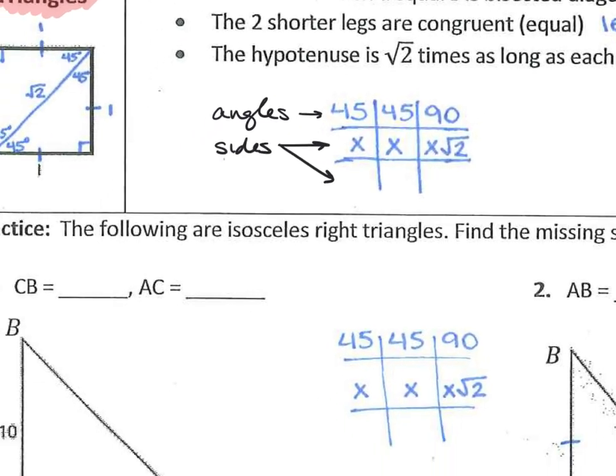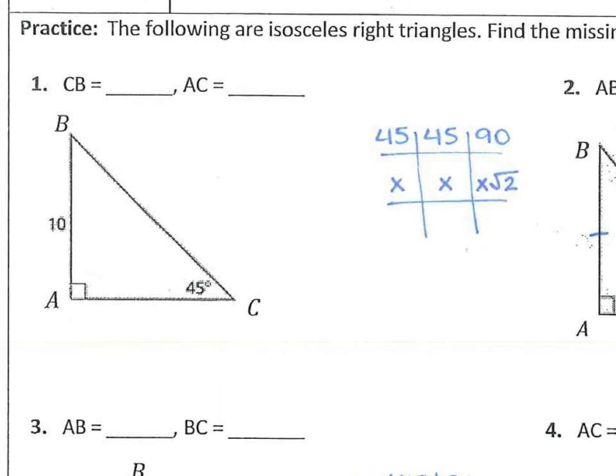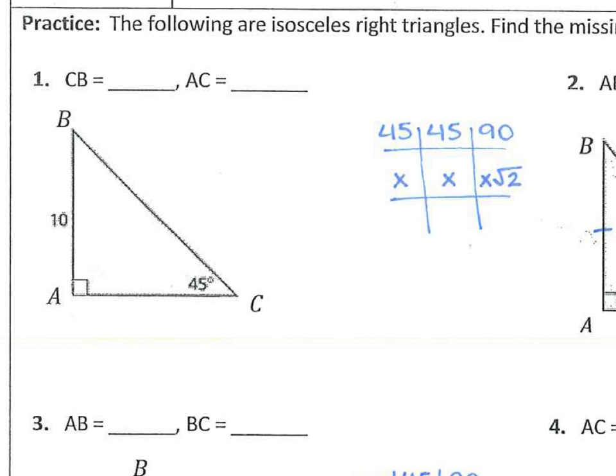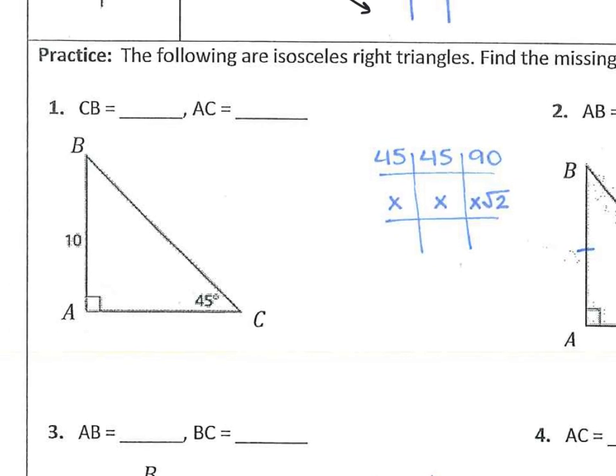So let's see what this looks like in real life. We've set up most of the tic-tac-toe boards for you, which is what you're going to do when you're given a problem like this. It says the following are isosceles right triangles, find the missing side measures. I noticed first of all that this is obviously a 45, 45, 90 degree triangle. Across from the 45, what number is that? 10.